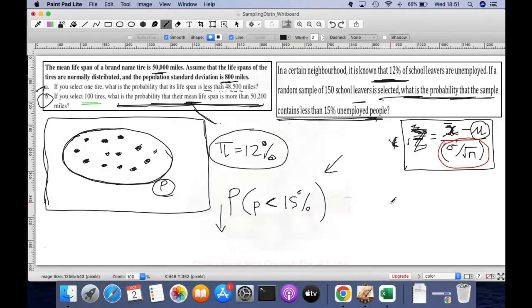The formula you're going to use for that, which you don't need to memorize, it's given to you, is Z equals p minus pi, all over square root pi into 1 minus pi, all over n. Just note that everything in the denominator is falling under the square root sign.